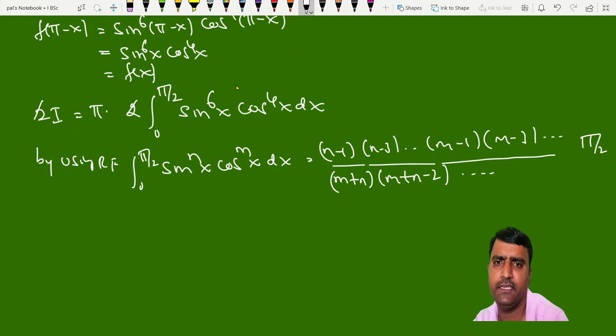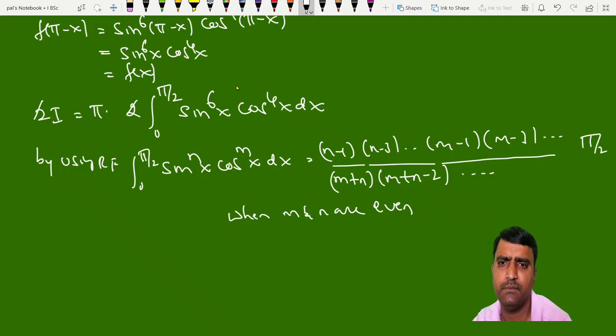Finally it is multiplied by pi by 2 when both m and n are even. In this case both m and n are even, so I am taking pi by 2 here.